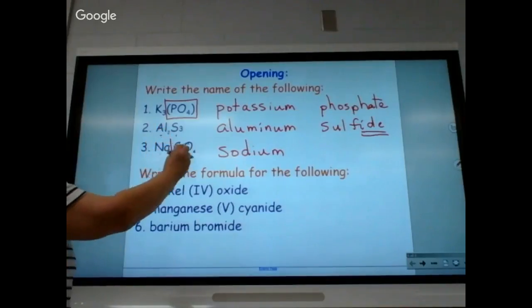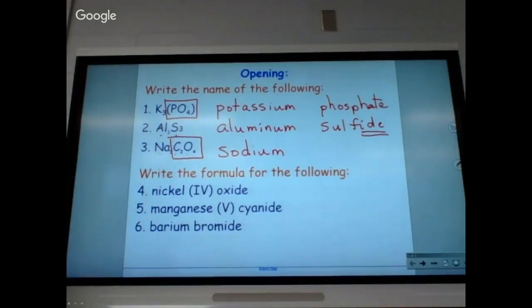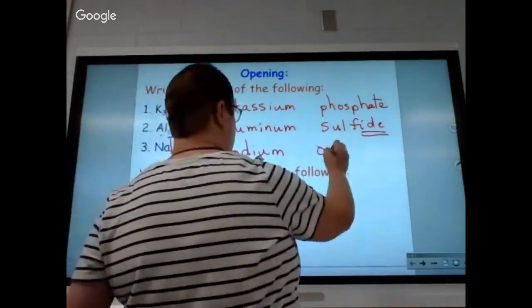Everything after that first element, I look up together on the polyatomic ion side. It just doesn't have parentheses on it. So you're looking for C2O4 all together. What's the name of C2O4? You're going to write oxalate.